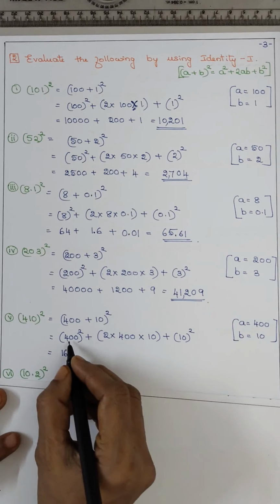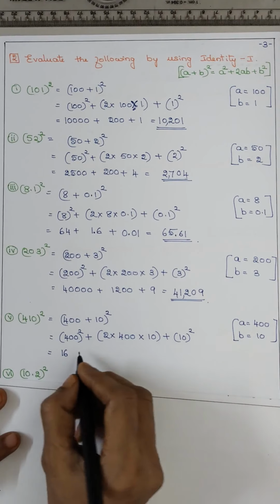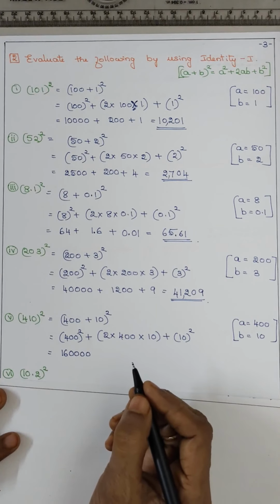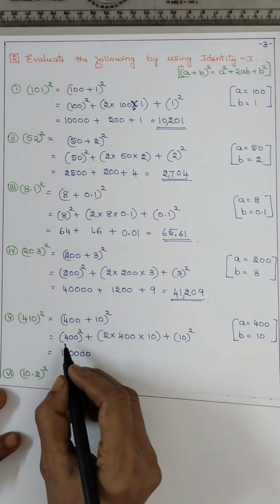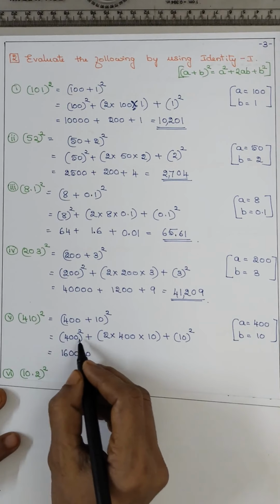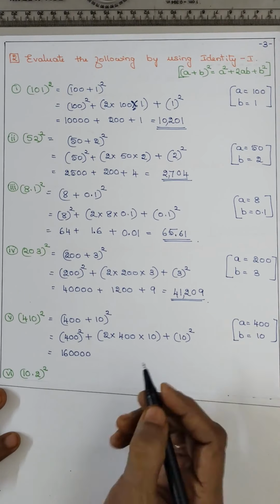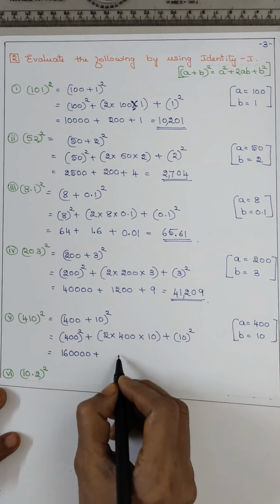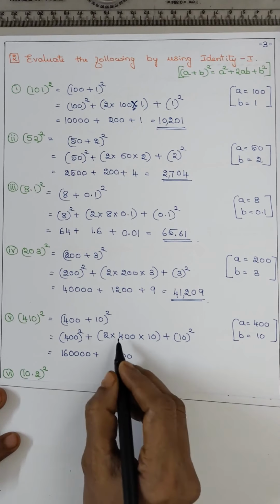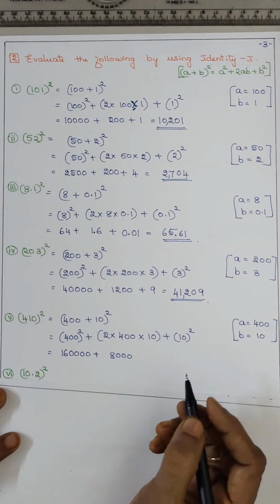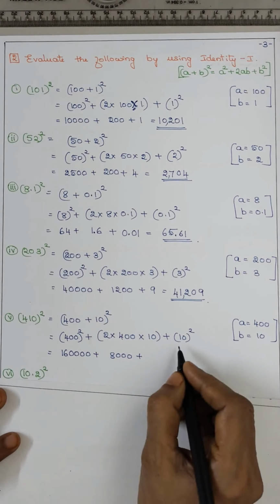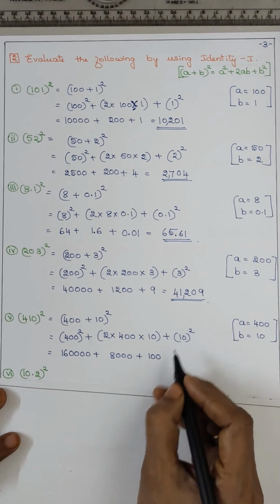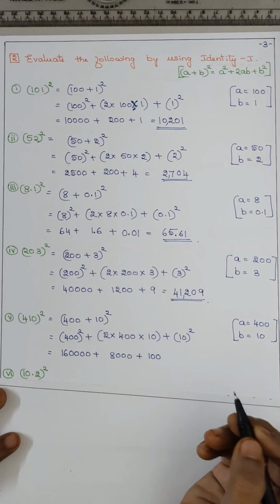I have already told, 2 zeros you have to write, put 4 zeros in the square. To write the square, 4 square is 16. In place of 2 zeros, put 4 zeros. Now 4 2s are 8. Plus 10 square. 10 square is 100. Why? 1 square is 1, 1 0, 2 zeros.